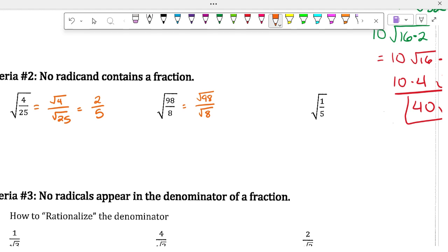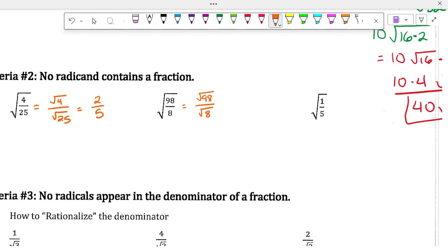What's the one thing that we can't have in a denominator? The square root. So there are two ways you can go about this. My recommendation is simplify them both first, because then you're not dealing with bigger numbers, and then get the radical out of the denominator by rationalizing.